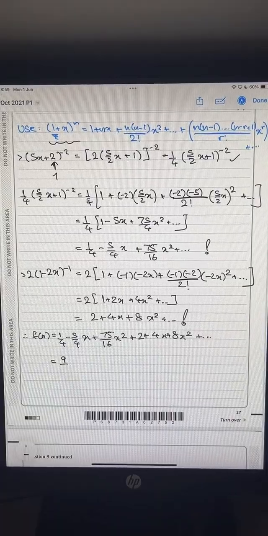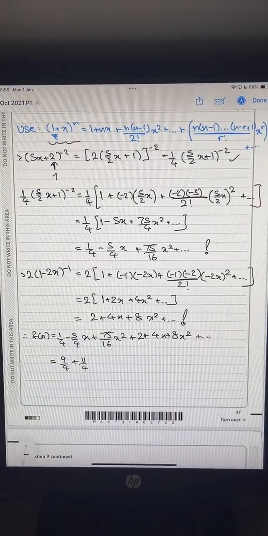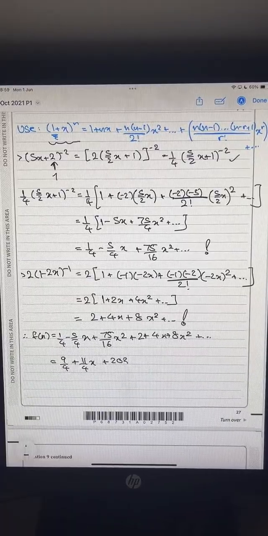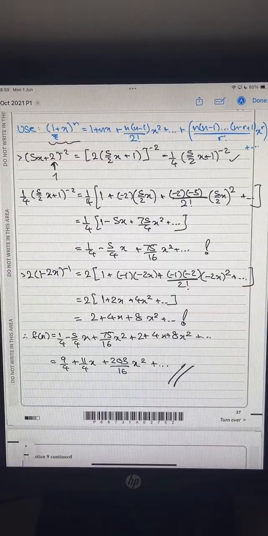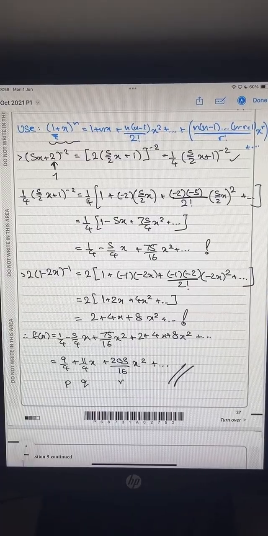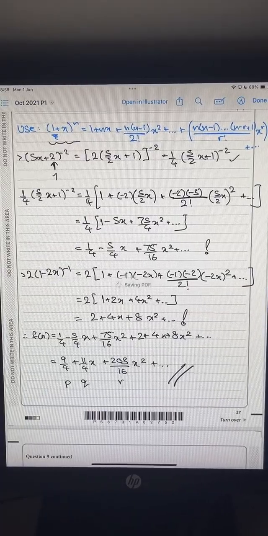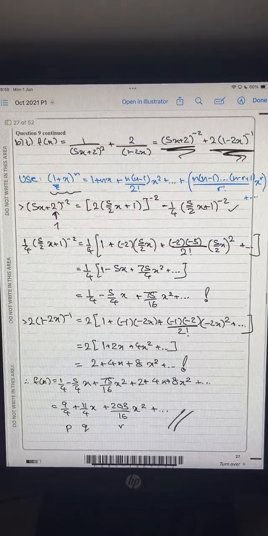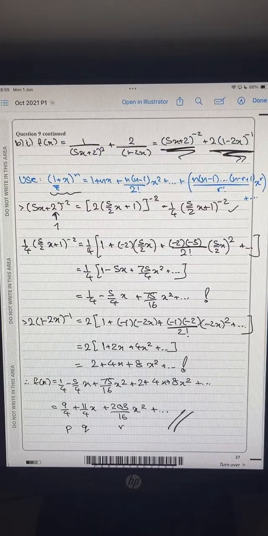So then I get 9 over 4 plus 11 over 4x plus 203 over 16x squared, and so on. And that is my answer, where these are P, Q, and R, respectively. Okay, pretty long, annoying binomial expansion question, but nothing out of the ordinary.